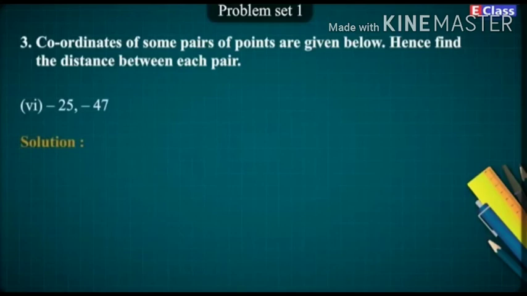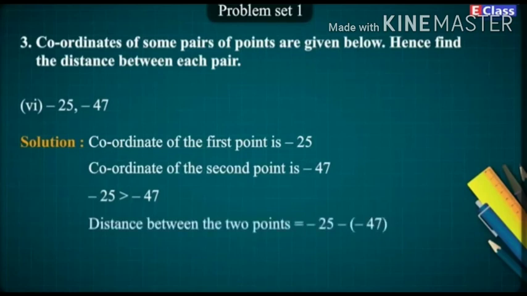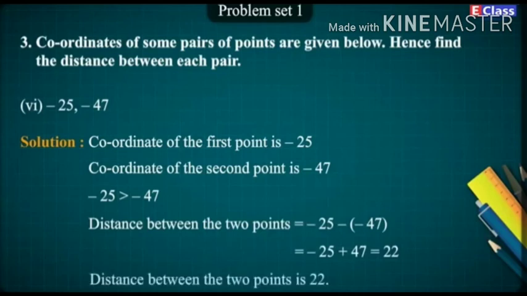Solution. Coordinate of the first point is -25. Coordinate of the second point is -47. -25 is greater than -47. Distance between the 2 points is -25 - (-47) = -25 + 47 = 22. Distance between the 2 points is 22.